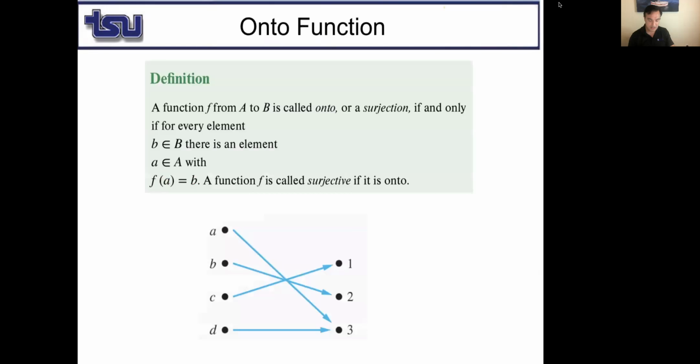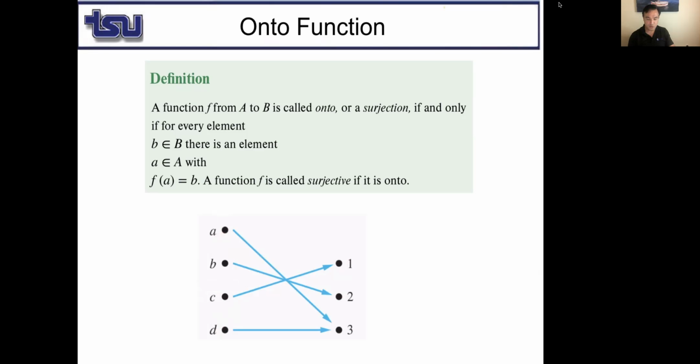For example, here, if you take any element, for example, one, one has an element in the domain that maps to it. Similarly, the others. So this is an onto function. For every element in the codomain, we have a corresponding element in the domain, okay?